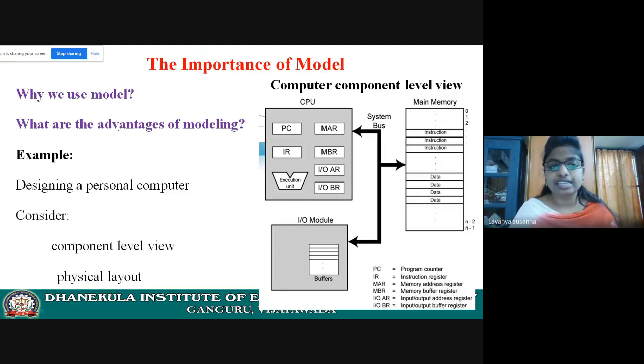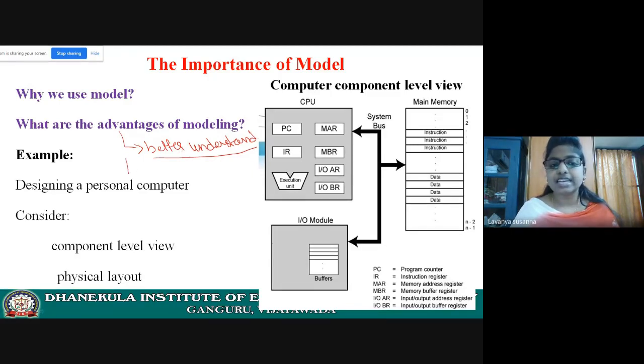See the advantages: for better understanding. Please listen carefully, and maintain the running notes. Meanwhile, I will ask questions. For better understanding, if you show in diagrammatic format, the client or customer can understand your design in a better way.